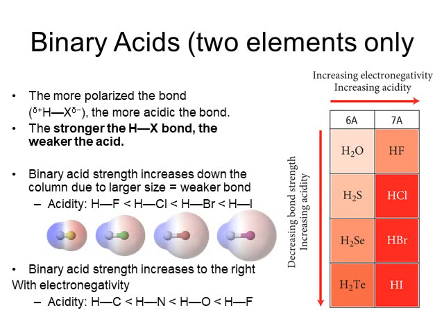So there's essentially two things here that make that bond break easier. The first thing is if you make your atom larger and larger, it gets a lot harder to hold on to that hydrogen. So if we're looking at HF, that's a very small bond.